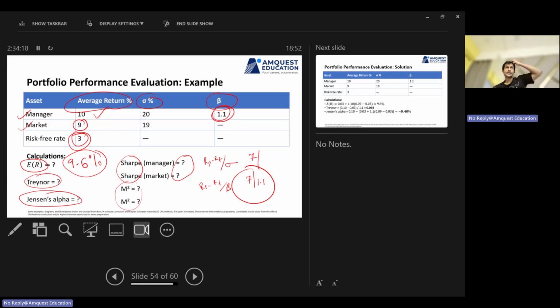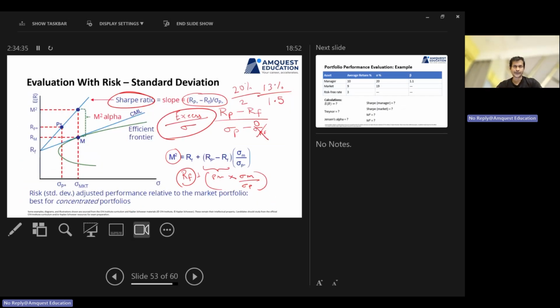But M square is trying to find out what's the extra return I'm earning compared to what the market is already giving me. And remember, CAPM is adjusted for beta, and M square is adjusting for standard deviation. M square looks at standard deviation, right?